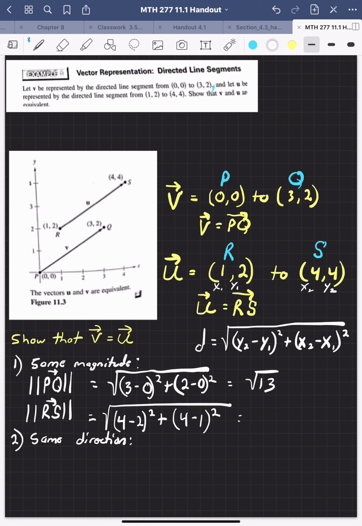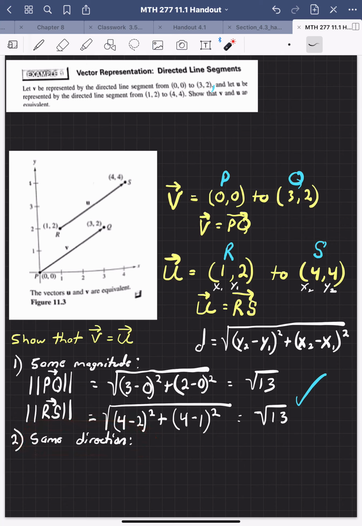And again, if you work out that arithmetic, you get the square root of 13. So far so good. We can state that the first criteria has been met. It's the same magnitude. Now, how would we find the direction? How do we find the direction P to Q or the direction R to S?